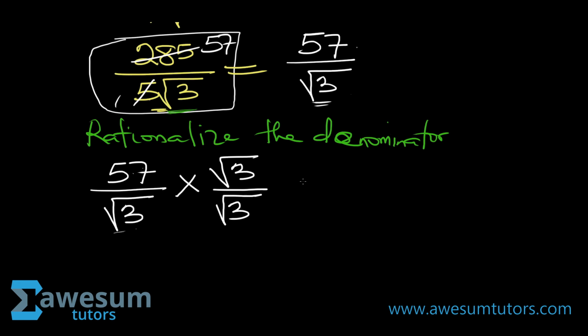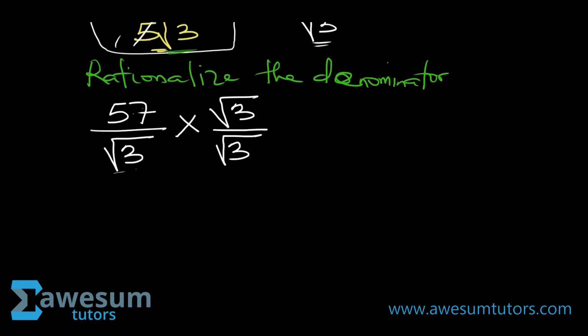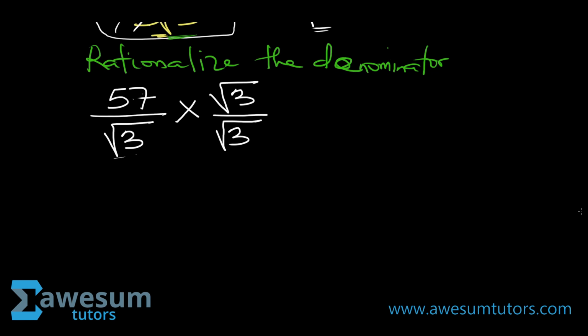Now this is pretty easy, we are almost done. 57 times root 3 is going to give us 57 root 3. Very good, guys. Over the square root of, then you multiply root 3 times root 3.